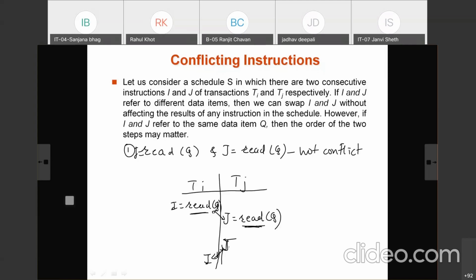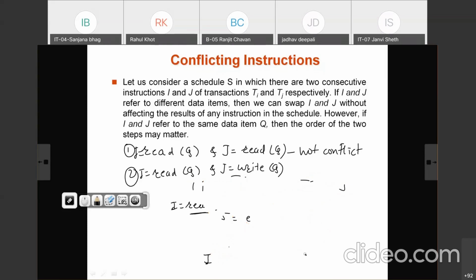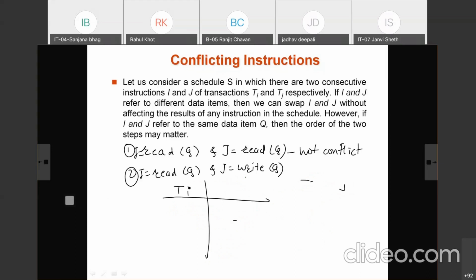Now we go for the second case. I is equal to read Q and J is equal to write Q. I again write here Ti and Tj.